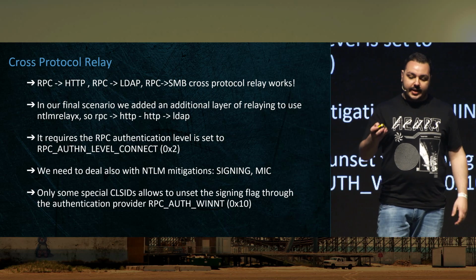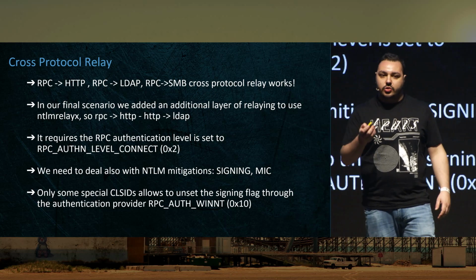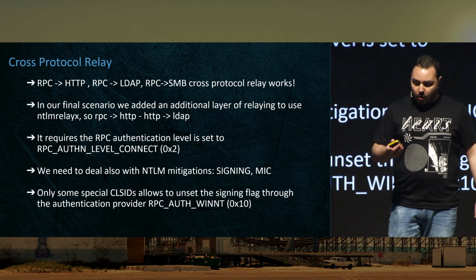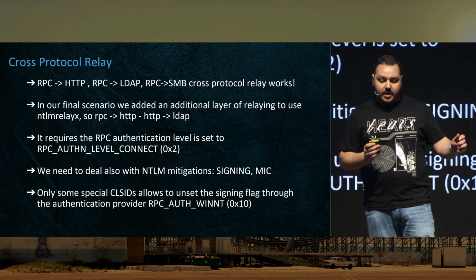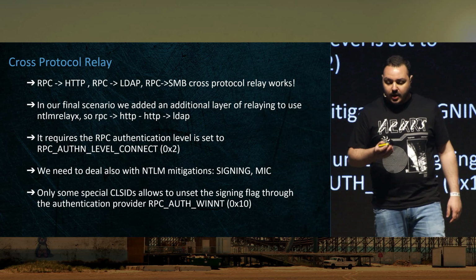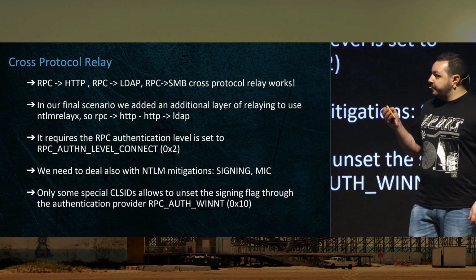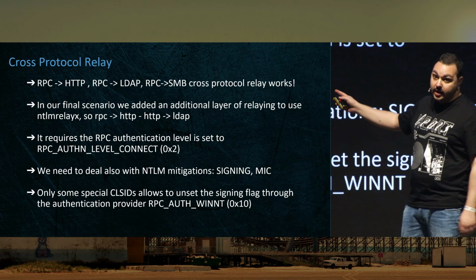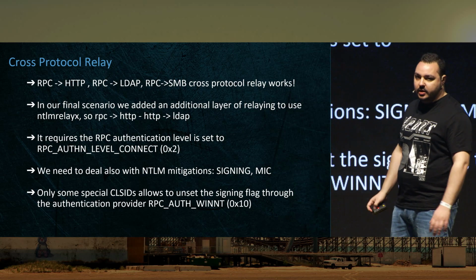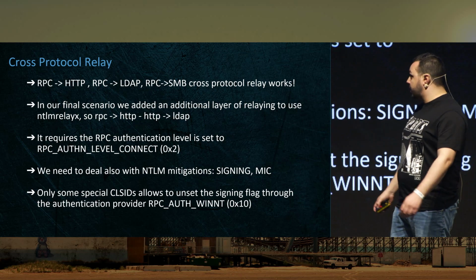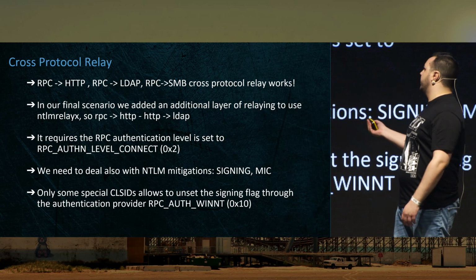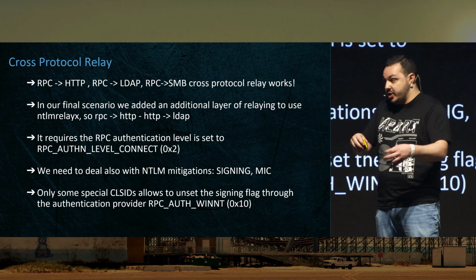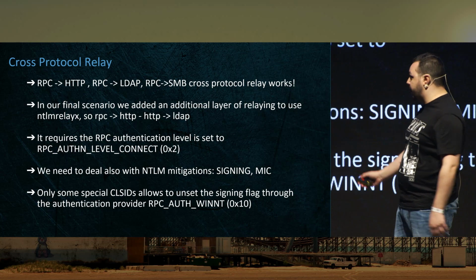This allowed us to reuse some code from NTLM Relay X. What we need to take care of is that the authentication level must be connect, otherwise RPC won't allow relaying NTLM authentication, and we also need to deal with the mitigations of the authentication protocol itself, like signing and sealing.